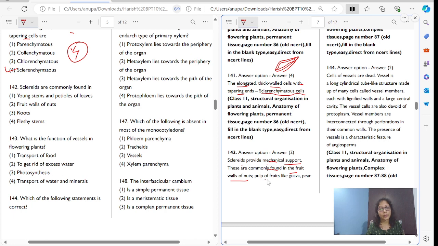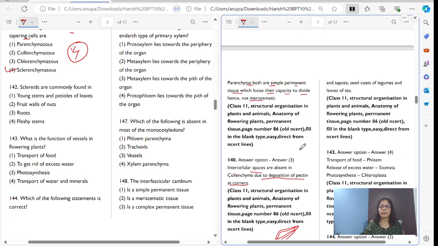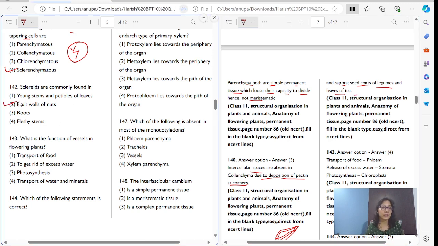They are also found in the pulp of fruits like guava, pear, and sapota. They are also found in the seed coats of legumes and leaves of tea. Hence, out of the given options, option number 2 is correct. They are found in the fruit walls of nuts. So, the answer for this question will be option number 2.